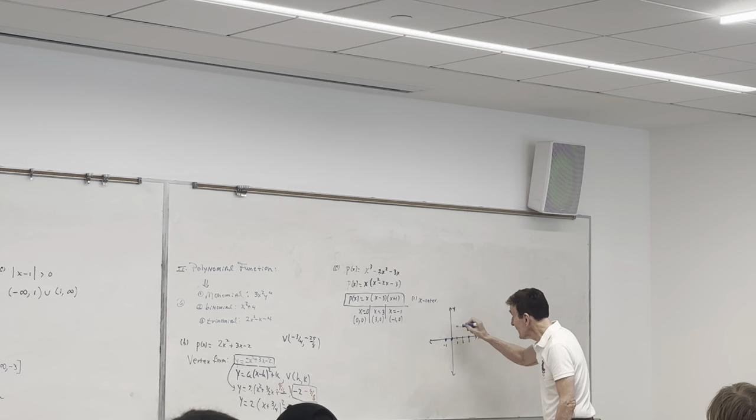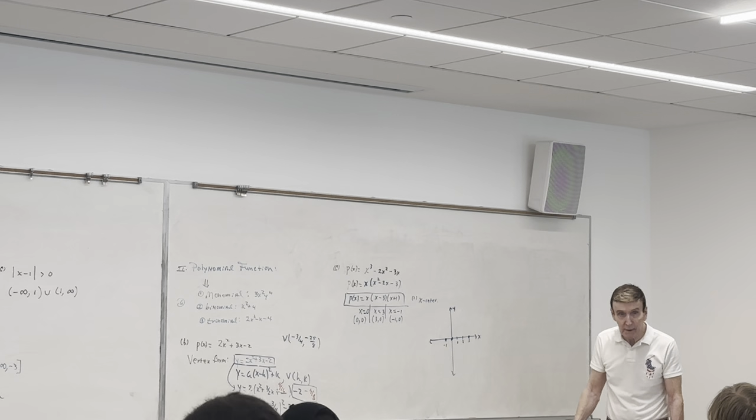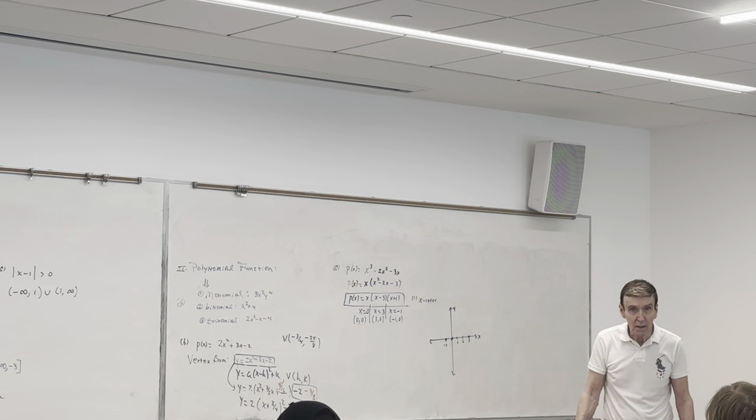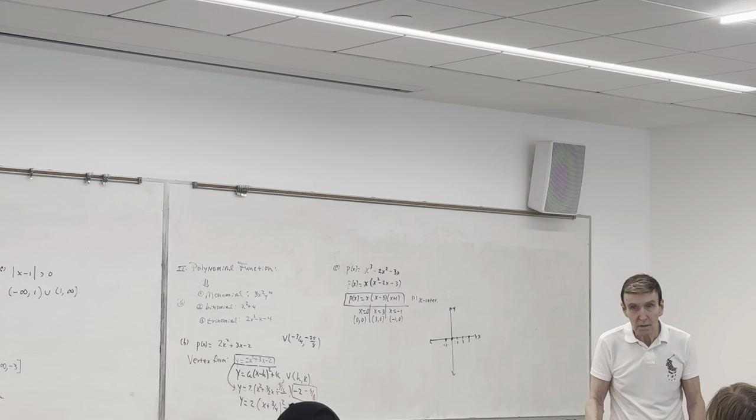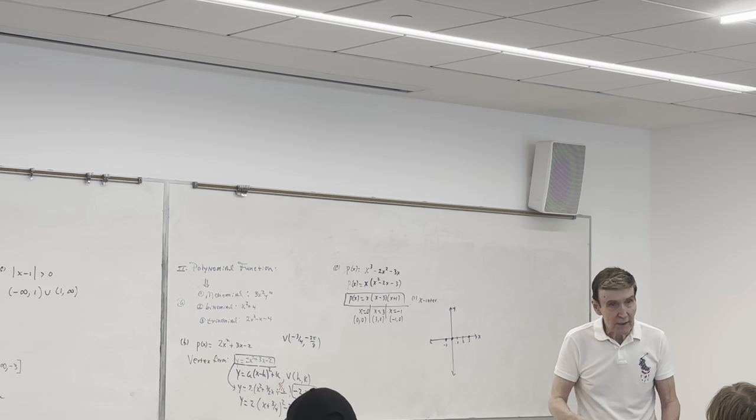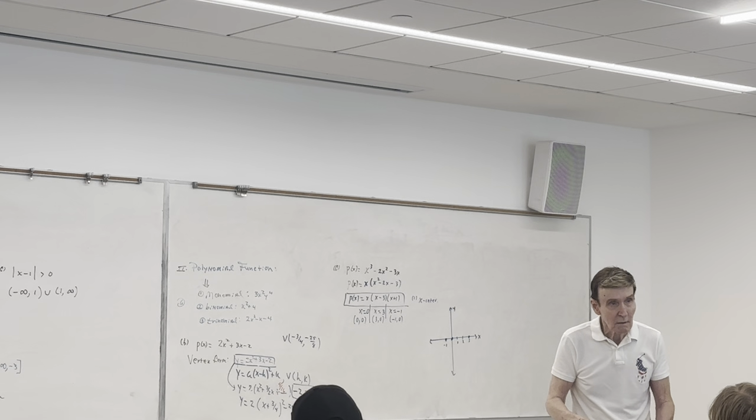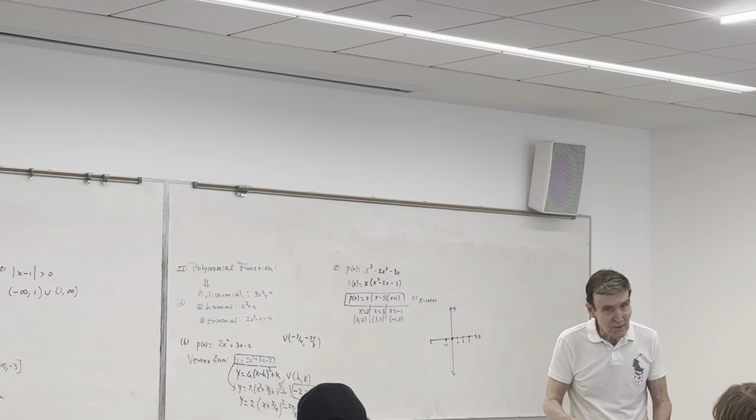Get a nice straight line, connect those 3 points, and turn my paper in, I'm finished. This course is so easy. You know, all my friends take this course. Just connect the 3 points. You know you can't do that. This is not a straight line, this is not linear.